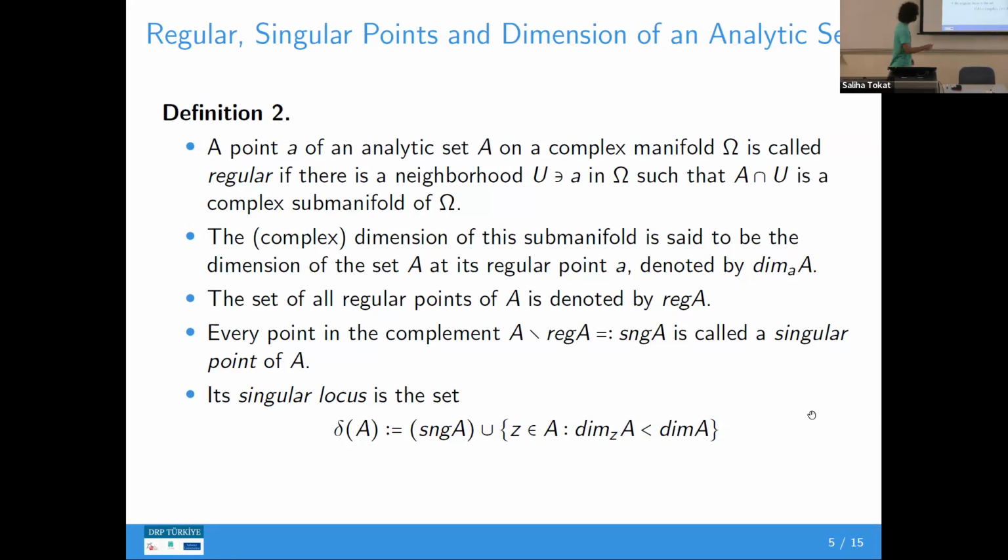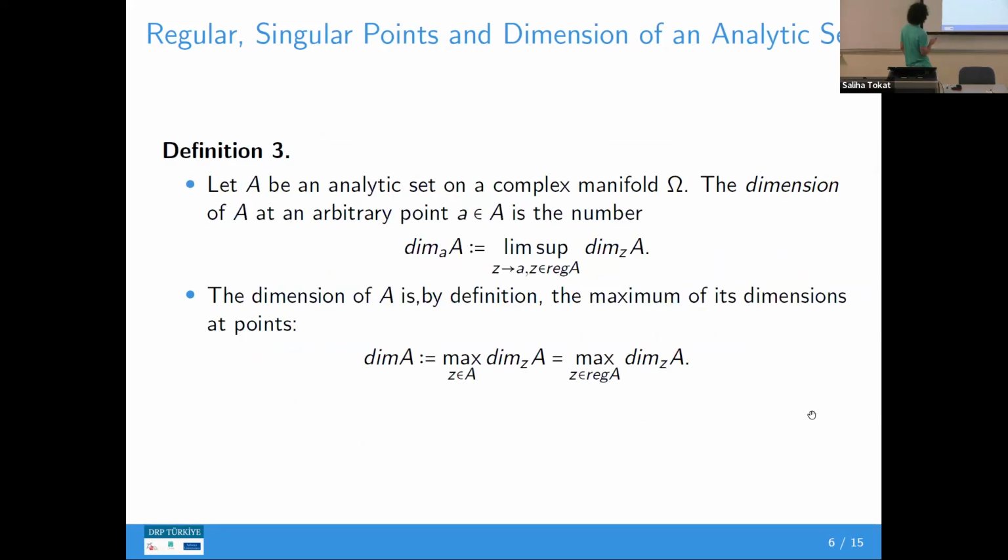This set is called singular. It of course contains sing A, but it also contains low dimensional points. We didn't define a dimension concept yet, but soon we will. These are points which have smaller dimension than the dimension of A, which we will define on the next slide.